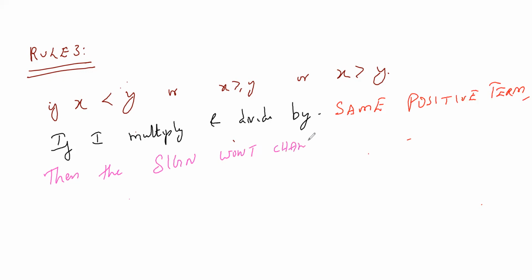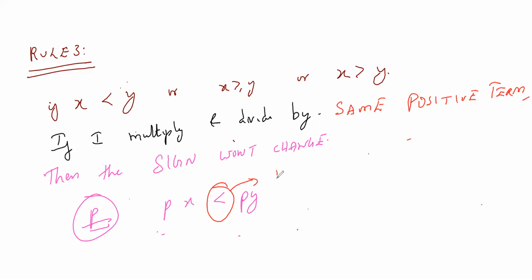So here in this question, I'm taking it as P. So if I multiply x with P, in this rule I'm taking P as an integer. If I multiply, Px less than Py, then this symbol doesn't change.